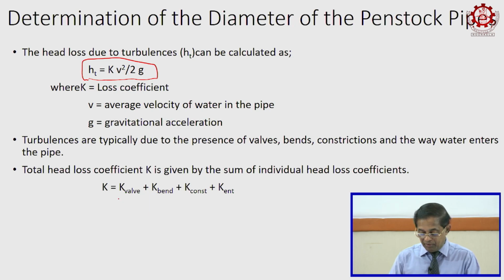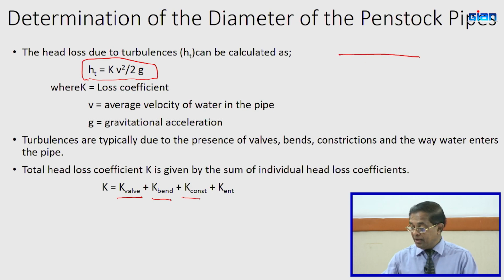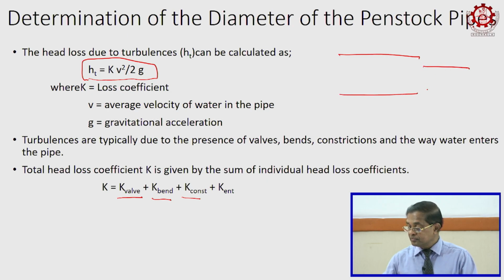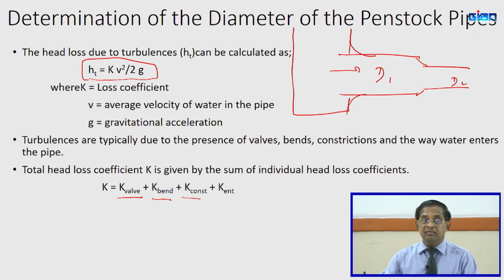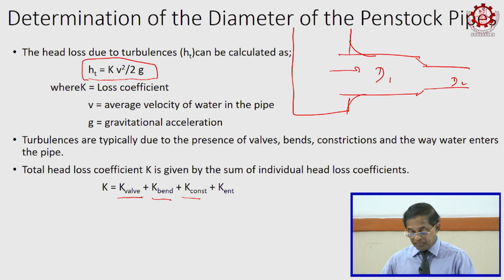Valves will have a different loss coefficient, bends will cause different turbulences, and constrictions, when you change the pipe diameter from D1 to D2, will offer certain turbulences. Then when the water enters the forebay tank, whether it is a smooth connection or a rough connection will cause certain turbulences. So, we will look at how to calculate each of them.